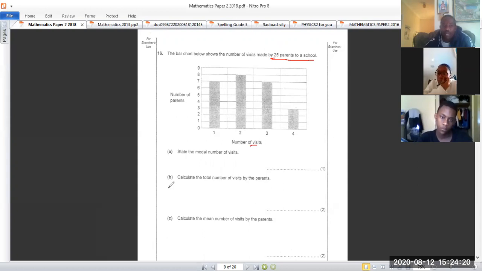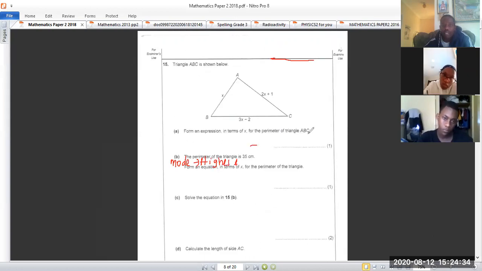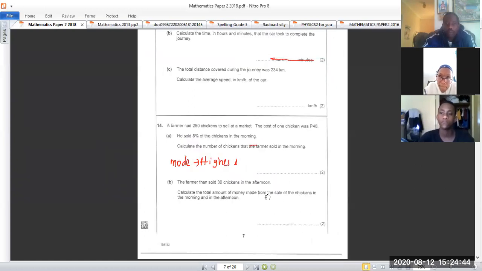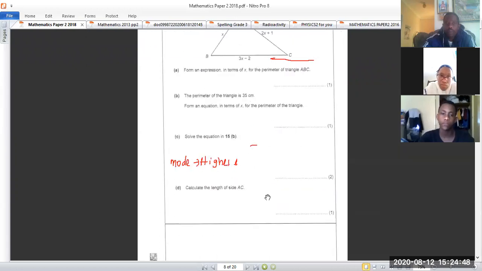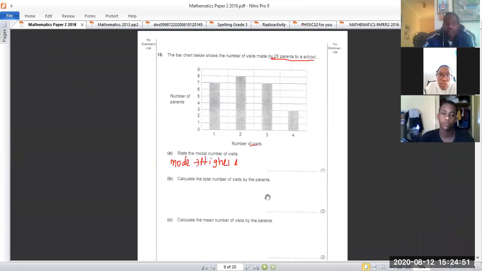So state the mode. Mode is the one with the highest frequency.